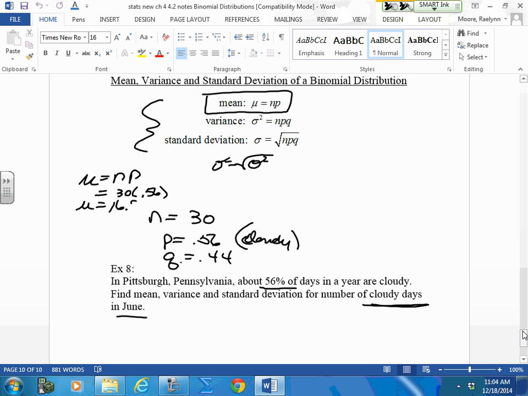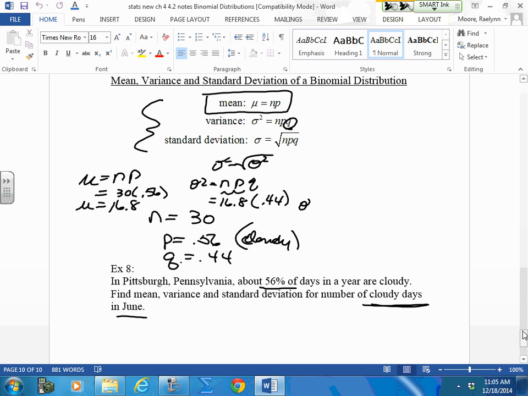Remember, your mean is 1 decimal place more than your numbers, and your numbers were whole numbers for days in June. Now, to get the next part, notice they just took that and multiplied by q. You already have n times p. That's 16.8. Multiply it by q.